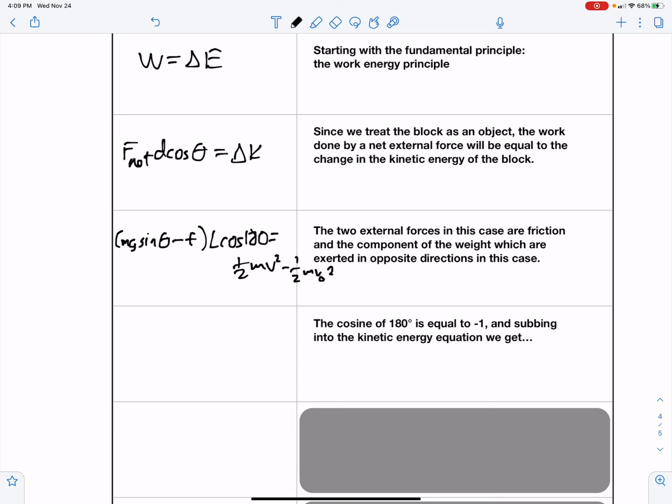Redistributing the negative signs, we get mg sine theta minus friction, times L, equals 1/2 mv naught squared.